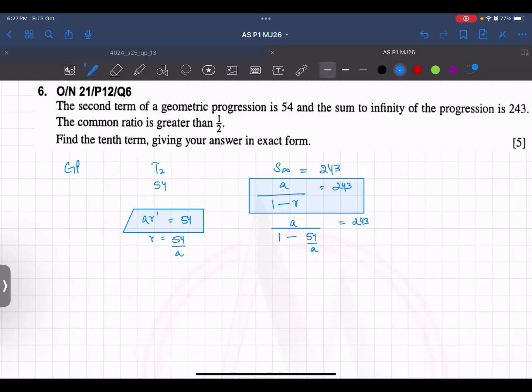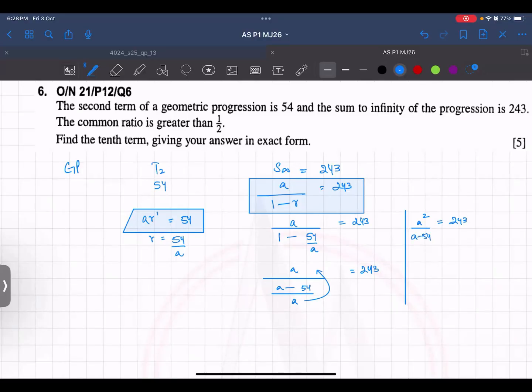Do the cross multiplication, or if you take the LCM, A upon A minus 54 upon A. So this A would go over there and multiply. So this would become A square is equal to 243 upon A minus 54.